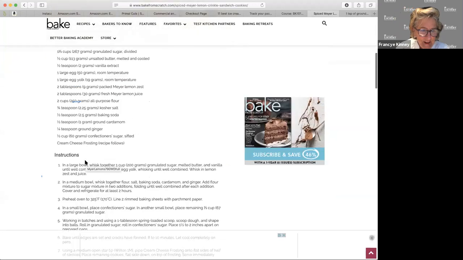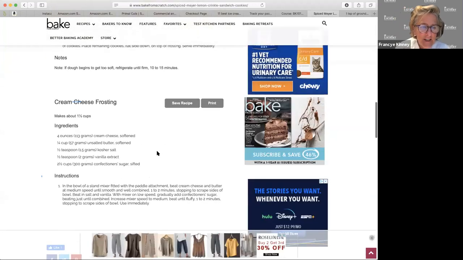Okay, here we go. All right, so here is our cream cheese frosting, and we can set our sugar as the 100% ingredient. You could set the cream cheese as your 100% ingredient, but let's do the confectionery sugar. So we'll set that at 100%. Okay, so we've got 100% here.